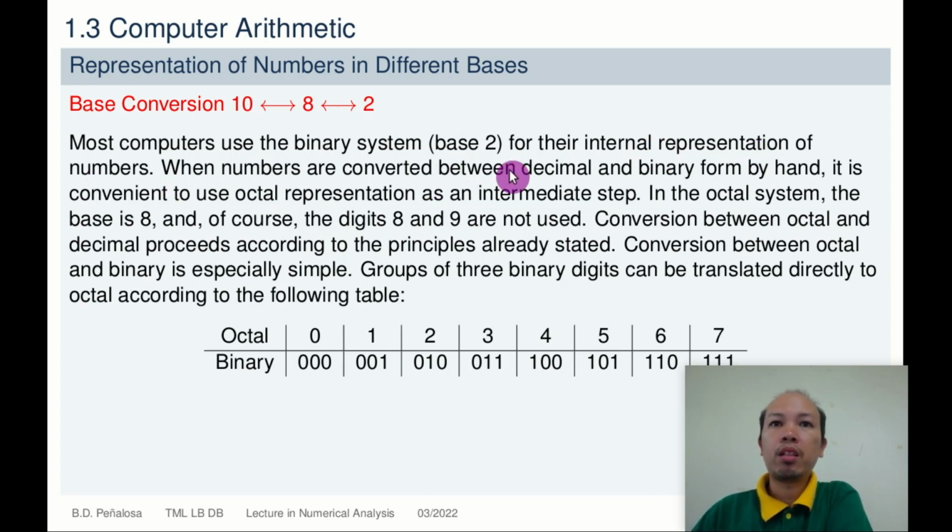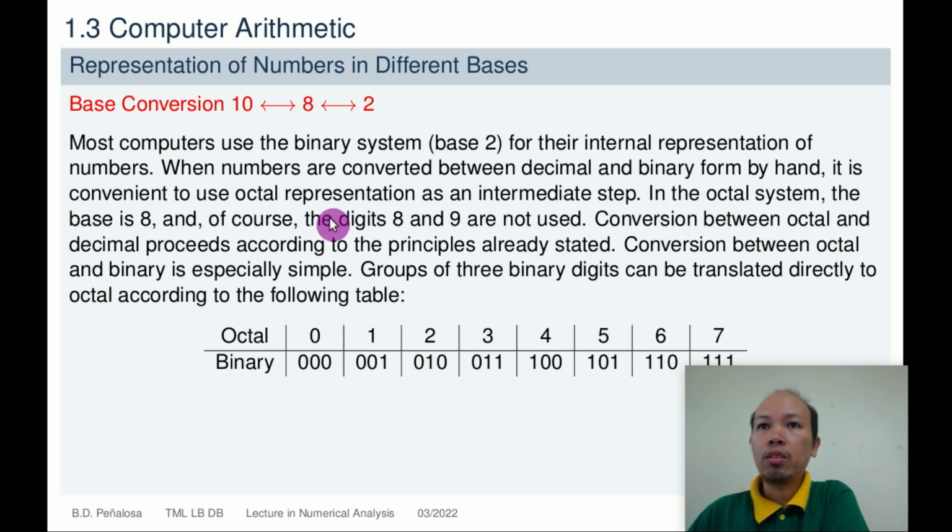When numbers are converted between decimal and binary form by hand, it is convenient to use octal representation as the intermediate step. So meaning to say, if you want to convert from decimal to binary, you must convert it first to the octal representation, and then you will use this table.